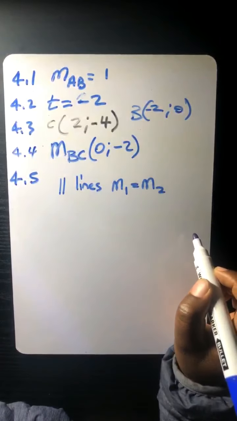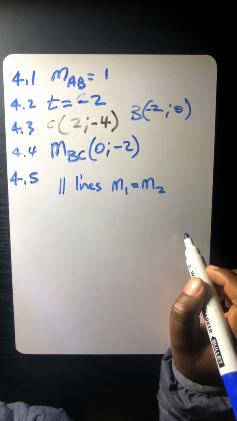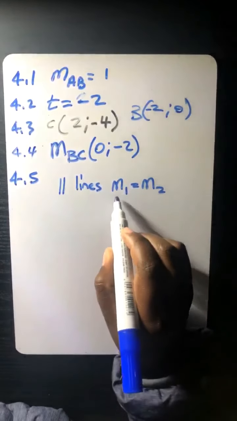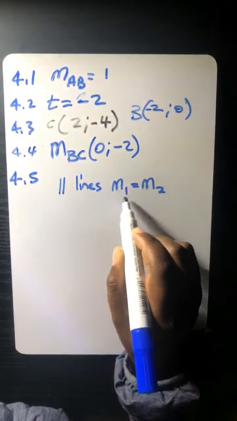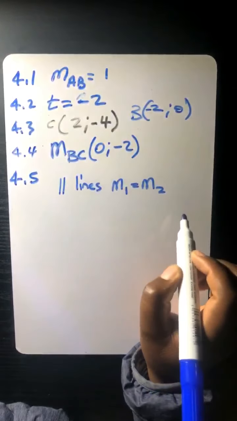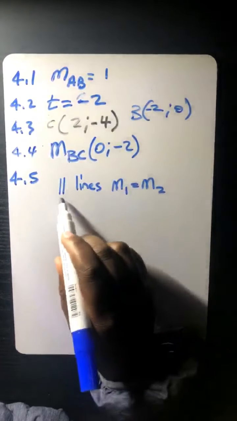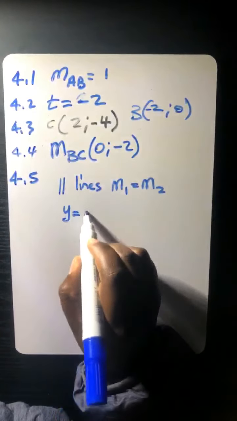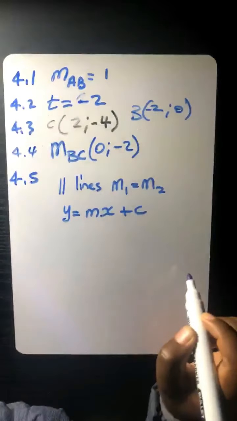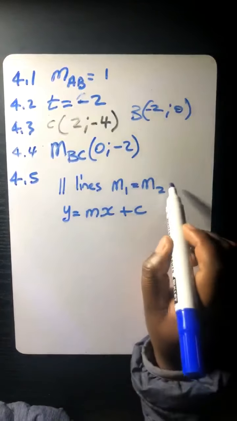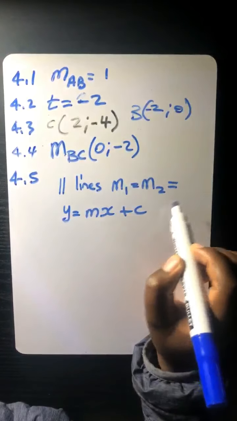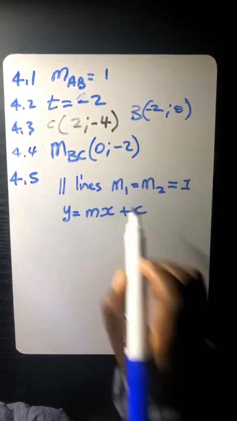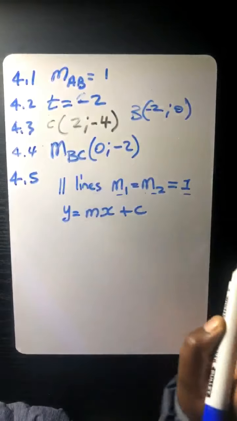If they were talking about perpendicular lines, that's when you say m1 times m2 is equal to -1. But in this case, we're talking about parallel lines. So you write the formula down, and because you know the gradient of line AB is equal to 1, it is also the same gradient as that line, so it is equal to 1.